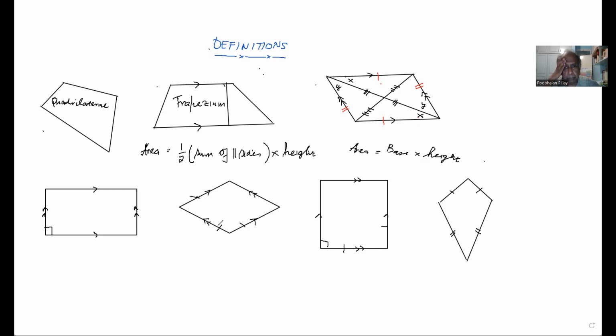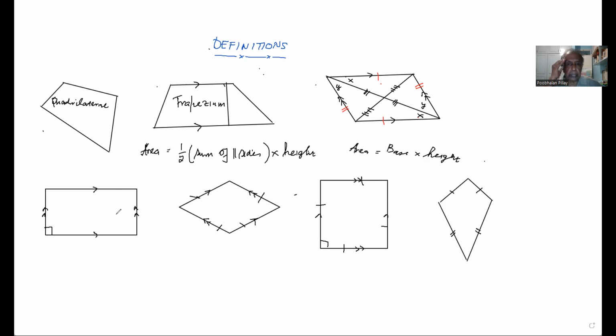This equals this, and this equals this. So in a rhombus, all the four sides are equal, right? And of course, a square is a special kind of rhombus. So all the sides are equal in a square as well, right? So that's an interesting thing.